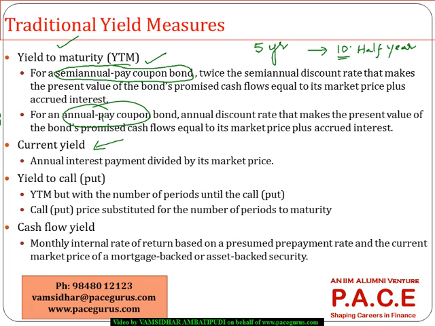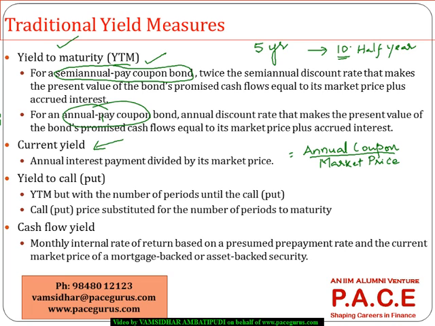So the typical way we try to compute that is whatever is the annual coupon amount, divided by the market price as of today or as of the purchase date.